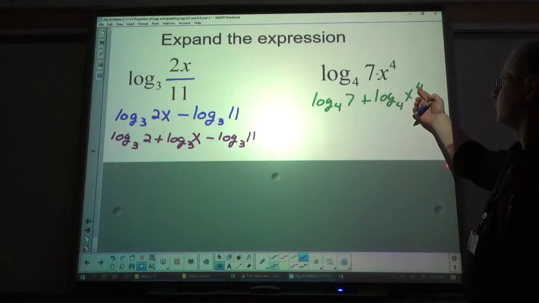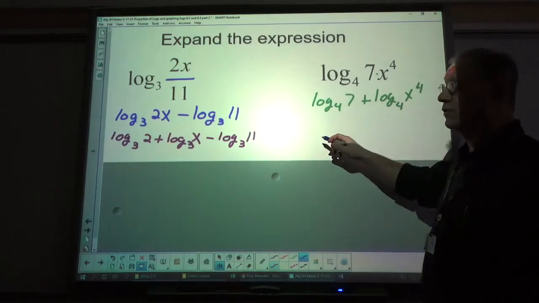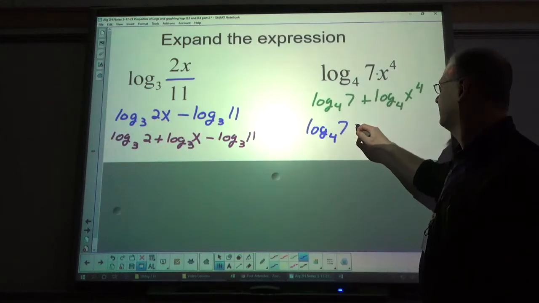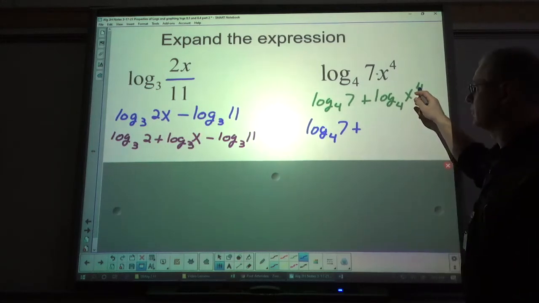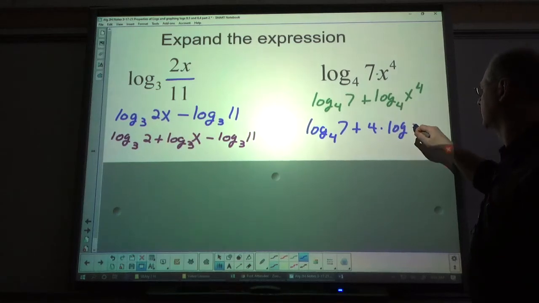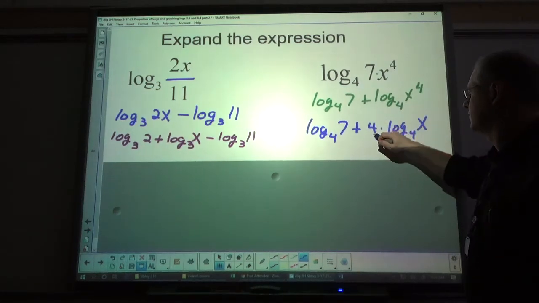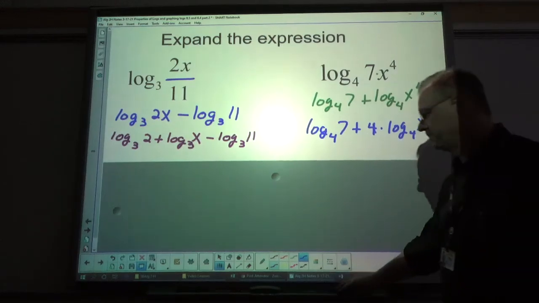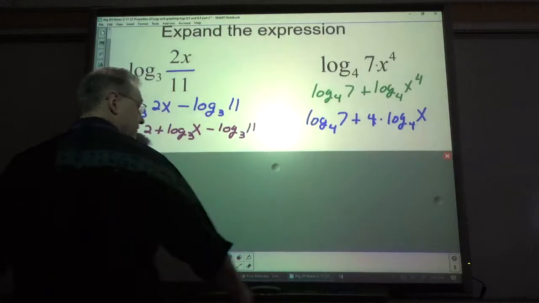Now I've got a variable to a power, so I'm going to break that apart. Log base 4 of 7 plus, the power becomes the multiplier, 4 times log base 4 of x. And there you have it. That's expanded. All right.